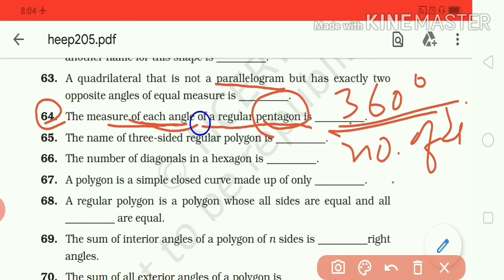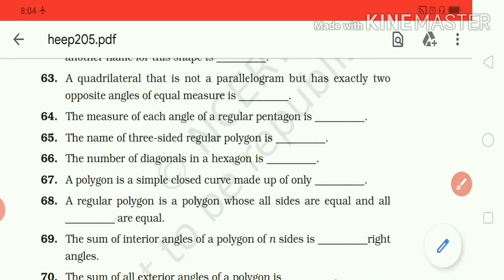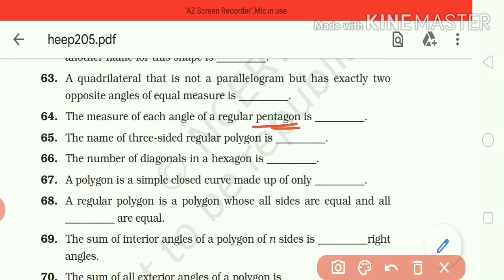So this is the measure of each angle in the exterior, right? Okay, this is a pentagon, I'm sorry. For the pentagon, here also it is not given whether exterior or interior is wanted, so we will find both types of angle, exterior and interior.